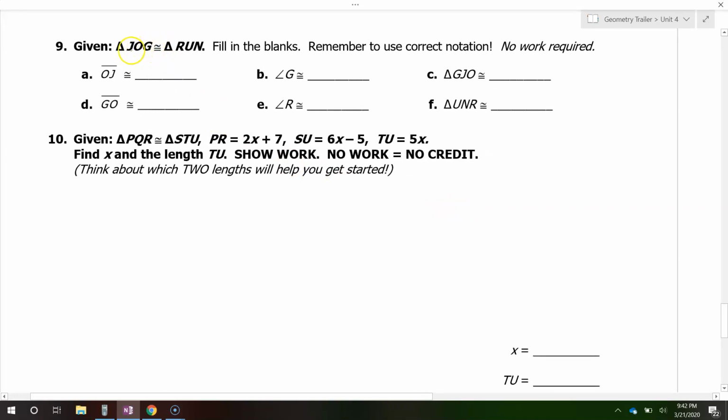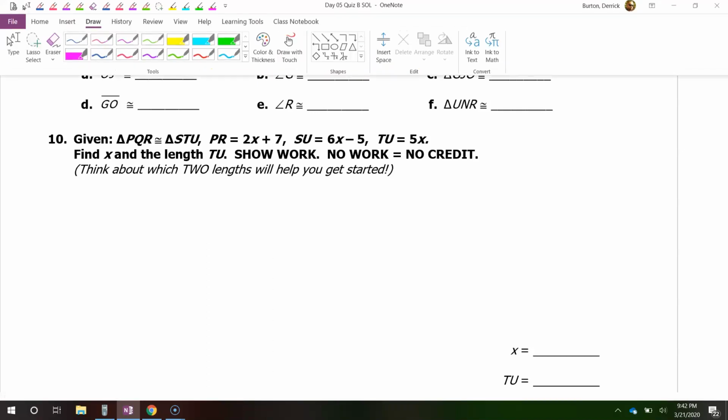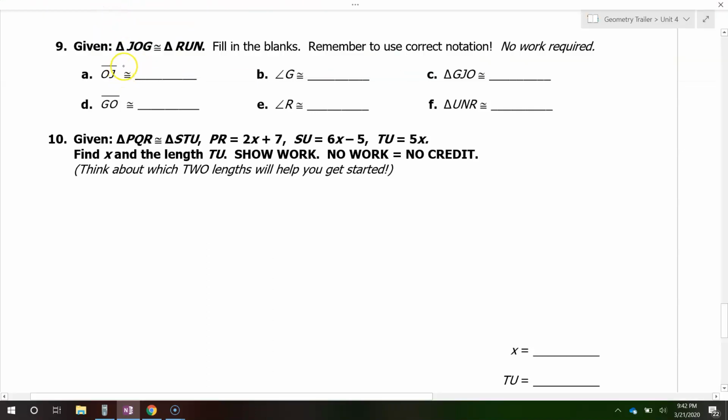Given triangle JOG is congruent to triangle RUN, fill in the blanks. OJ. OJ is right here. It's the first two. So segment OJ is going to be congruent to segment RU or UR.